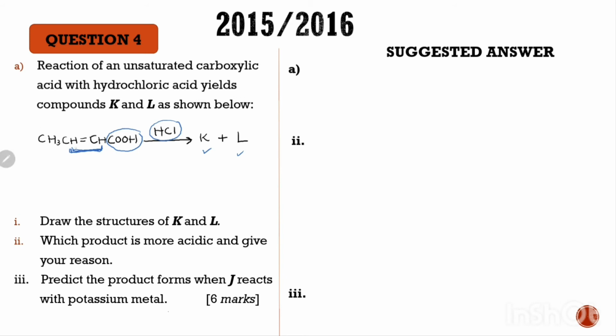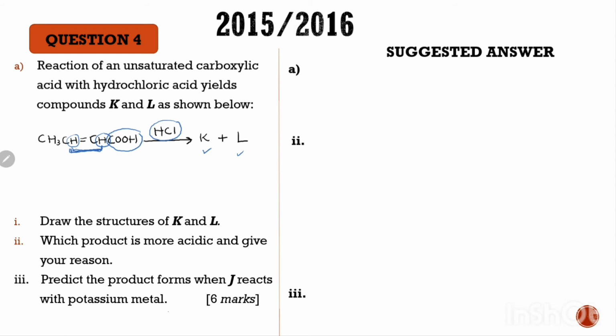So since carbon-carbon double bond tu dua-dua bonded to one hydrogen atom, so dia sama, kita tak guna Markovnikov rule lah. So in this case kita akan dapat 2 produk sebab tu ada K and L.